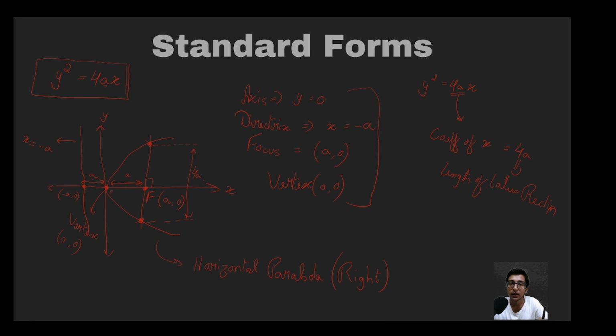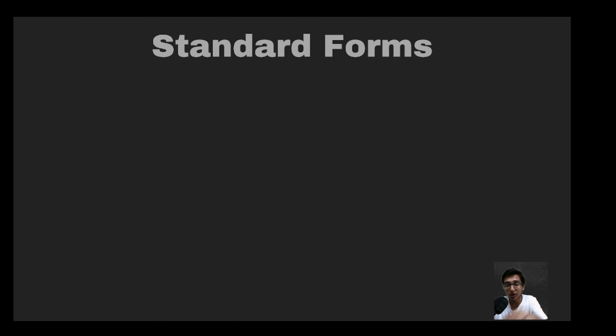That is why we call it a right horizontal parabola. Now we'll look into other standard forms such as left horizontal parabola, upward vertical parabola and downward vertical parabola. So let's start with the horizontal one.